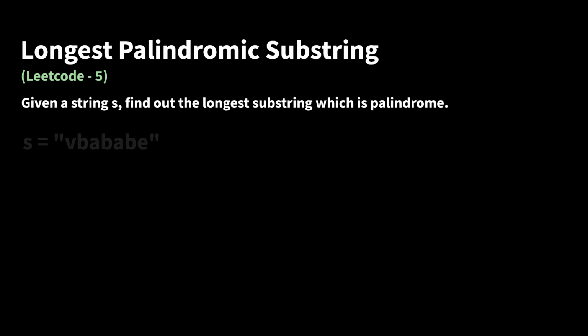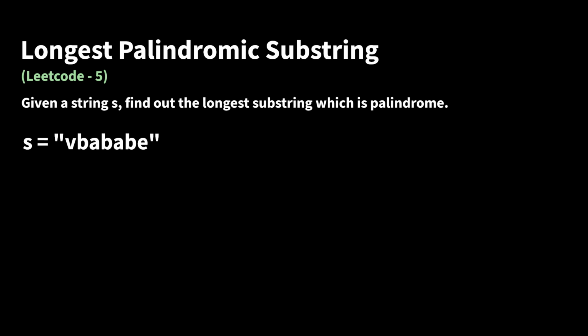Let's take the example here. If I take this substring BAB, and if I reverse this, I will get the same result, BAB. So this way I can ensure that this substring of length 3 is a palindromic substring, correct?